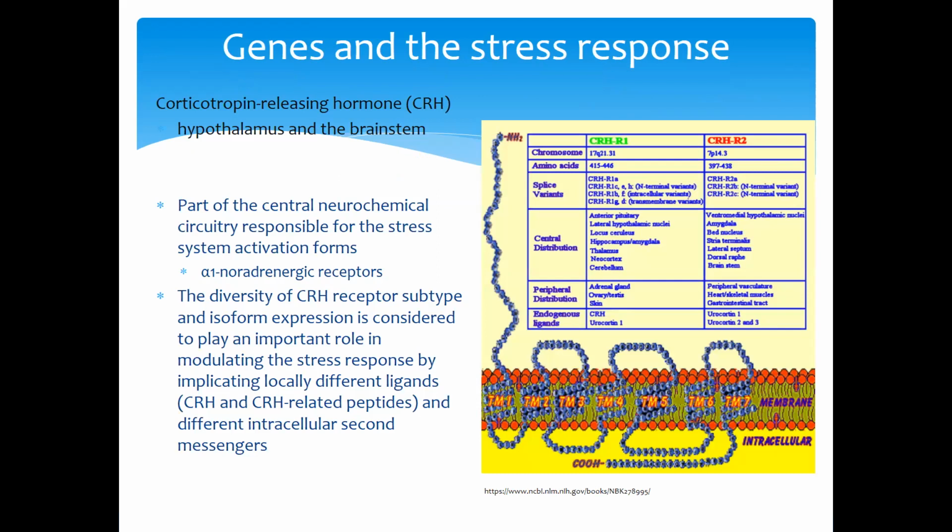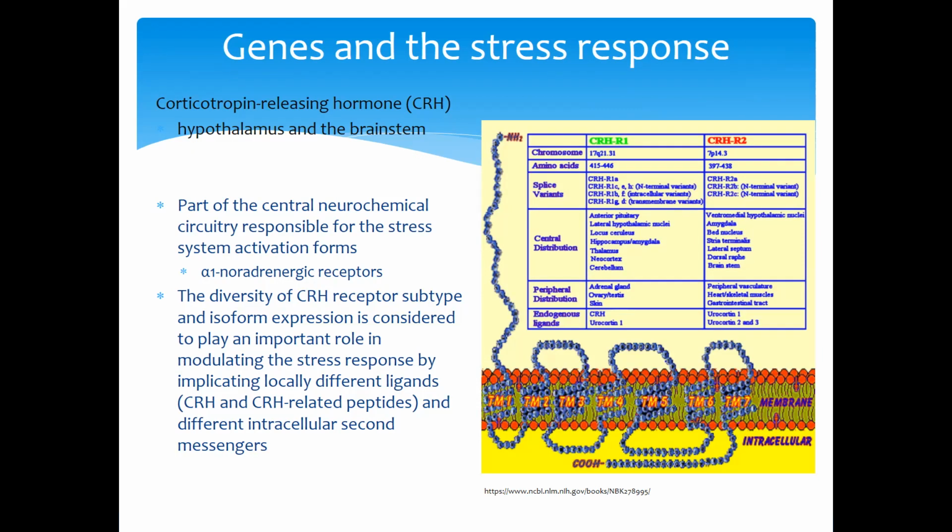So this is a really complex slide, but let's keep it simple. This corticotropin releasing hormone, the CRH, comes out of our hypothalamus and it is stimulated when I'm under a lot of stress. This hormone then sets off a cascade of other chemicals in my body that are related to stress and inflammation.